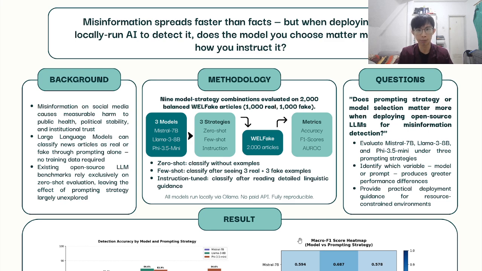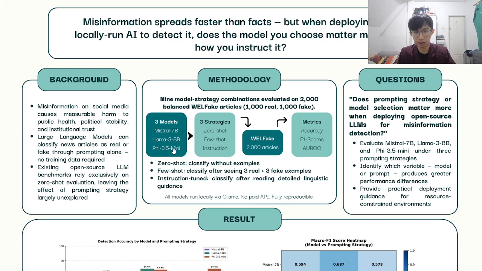Zero-shot is a prompting strategy that we're going to talk about later. That leaves the effect of prompting strategy largely unexplored, which brought us to our main question: does the prompting strategy or the model selection matter more when deploying open source LLMs for misinformation detection? With this, we want to identify whether the model or the prompt produces a greater performance difference.